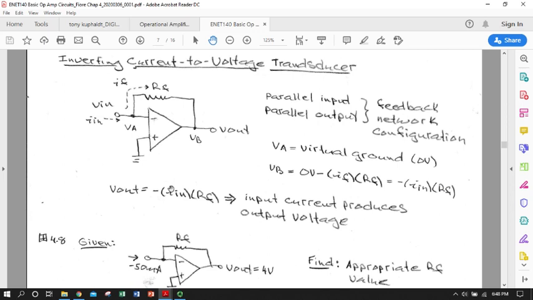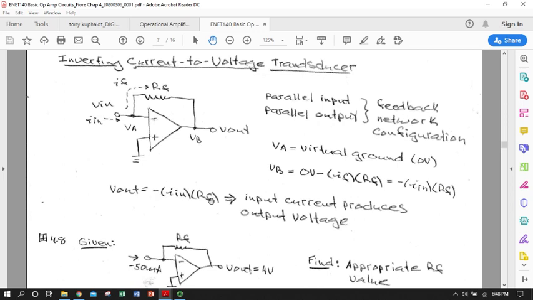We're looking at change of resistance via current change. We might be looking at a changing current signal that's too small to measure or to read out. We're going to run it through this amplifier just to increase it so we can read it on a voltmeter, say. Our voltage output that we're going to read on a digital multimeter would be our input current signal times the feedback resistor, flipped with a negative.